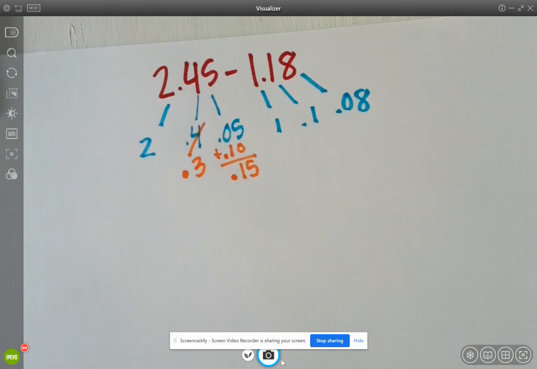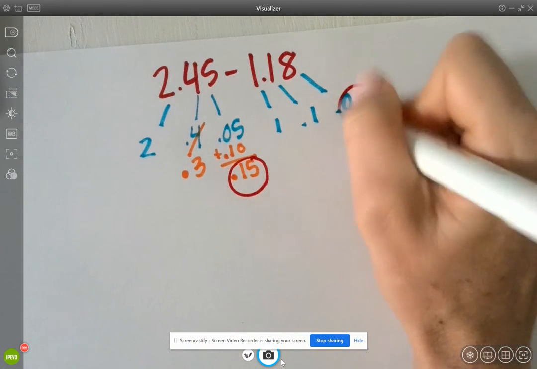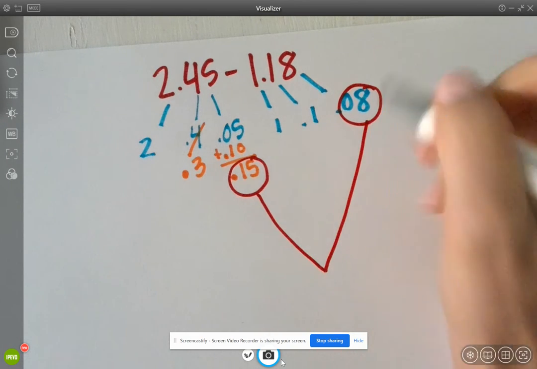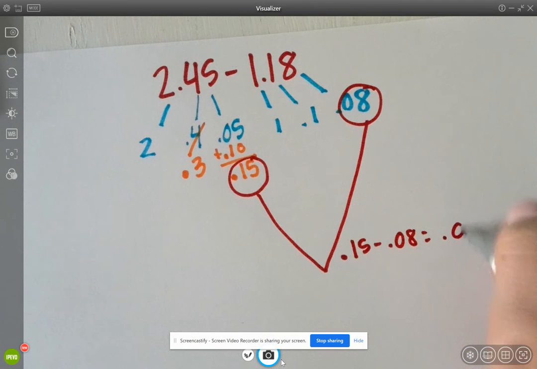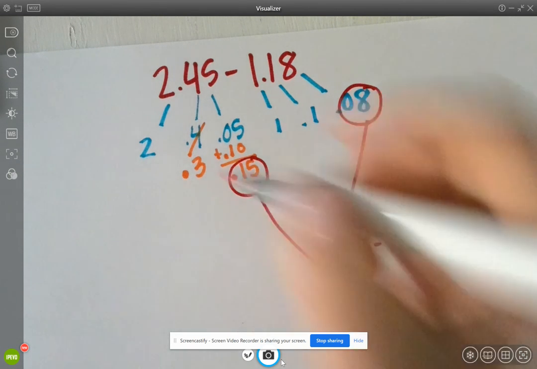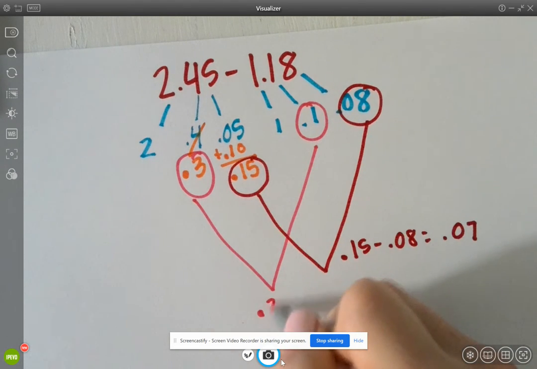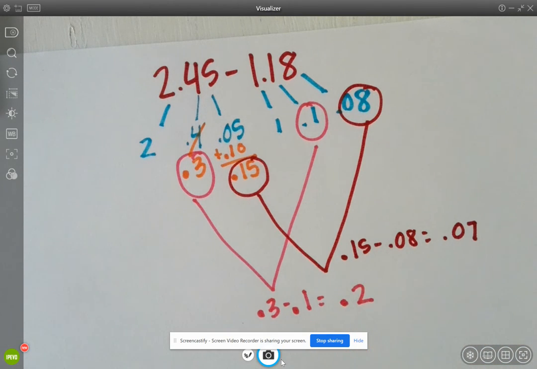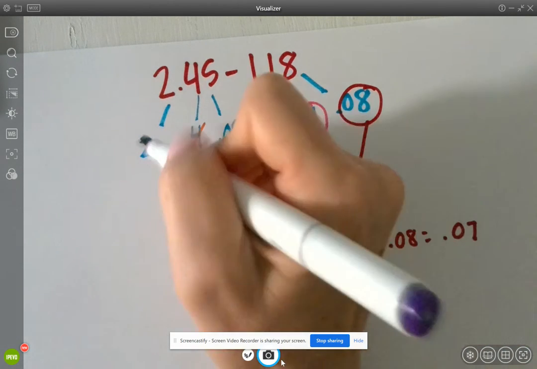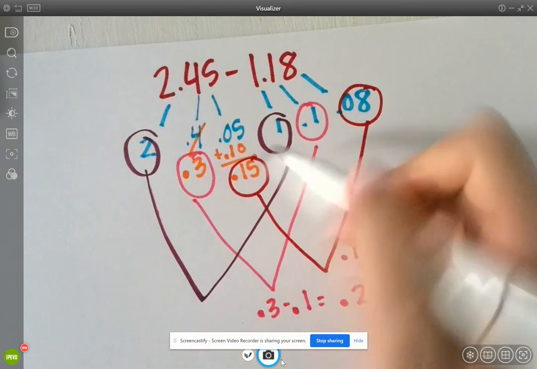Now I can go ahead and take away 15 and 8. 15 hundredths minus 8 hundredths equals 7 hundredths. Okay, then I move on to my next one. I can see 3 tenths minus 1 tenth equals 2 tenths. And my last ones, 2 wholes minus 1 one.